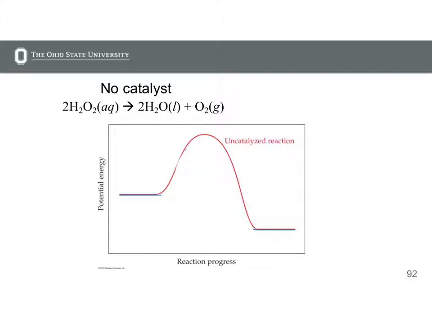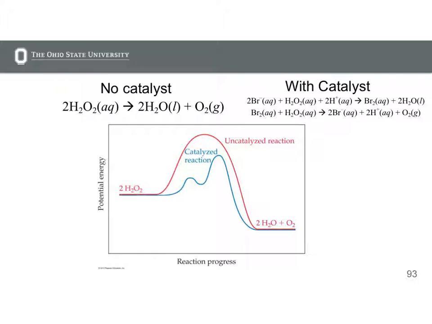The other thing that a catalyst will do is change the reaction mechanism. So here's our uncatalyzed hydrogen peroxide decomposition reaction. And so we have a potential energy or a reaction progress diagram with some amount of activation energy E sub A. All right. For the uncatalyzed example.